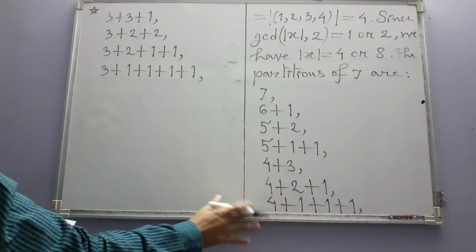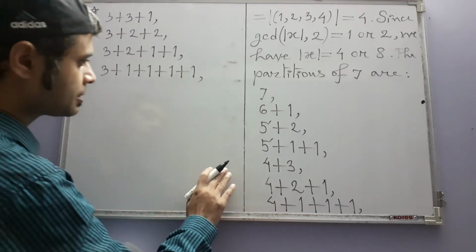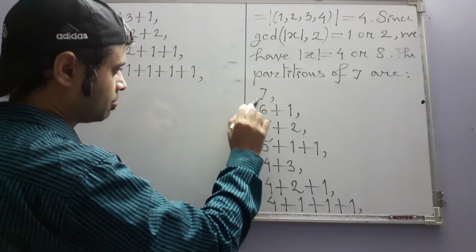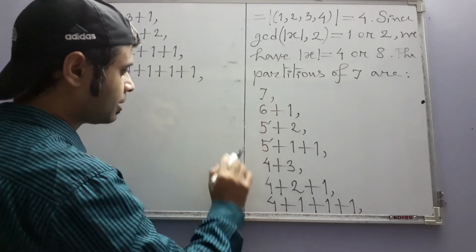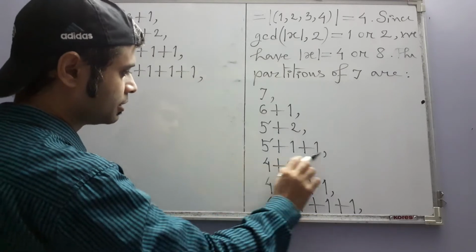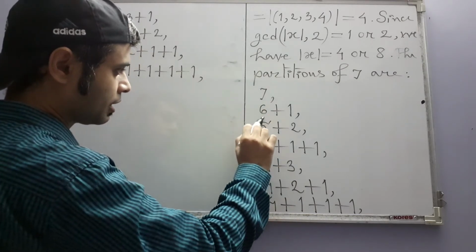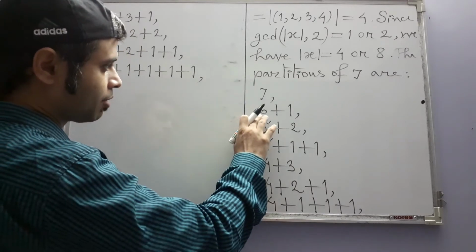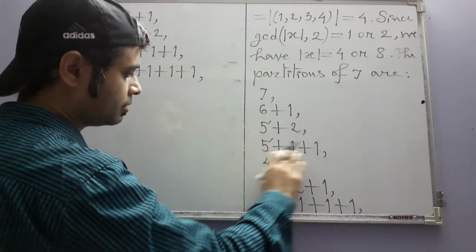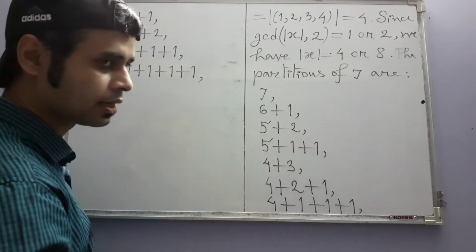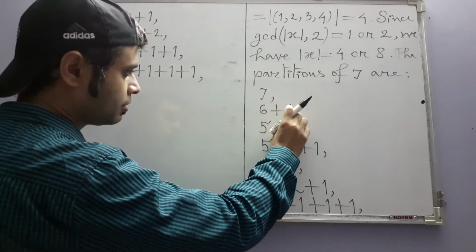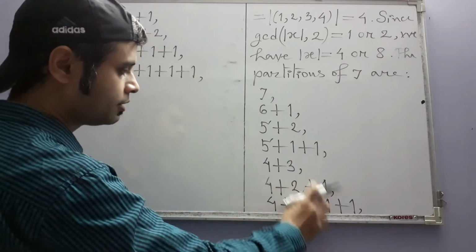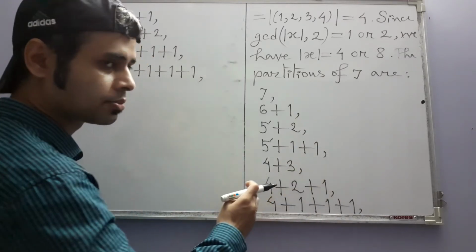Okay, writing these things down, I can already see some pattern. Do you see that? The parts, the summands in these sums, are getting smaller and smaller. So a part of the whole sum is getting to the other side, and slowly these things are decomposing, and the decomposition is starting from the rightmost side.